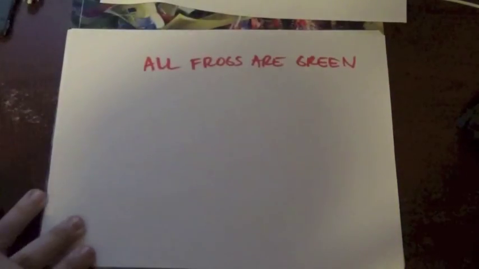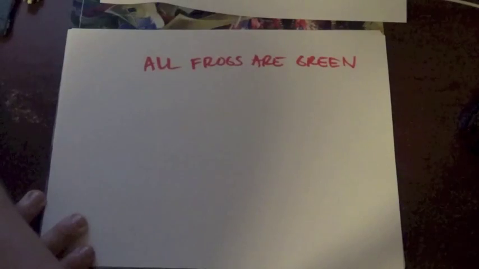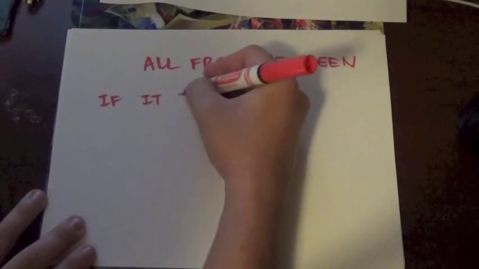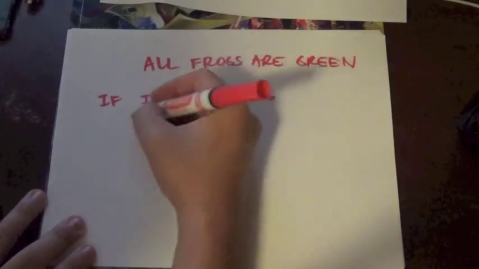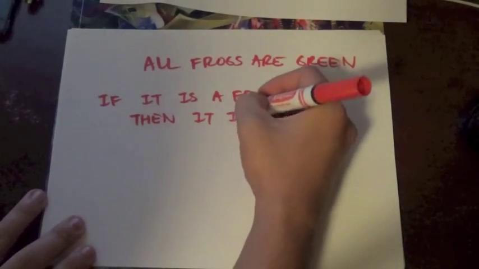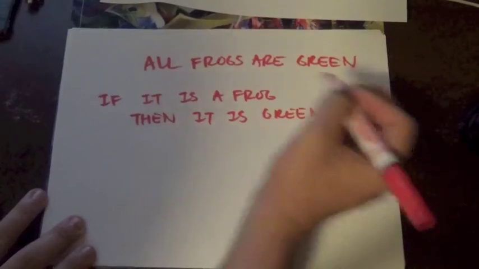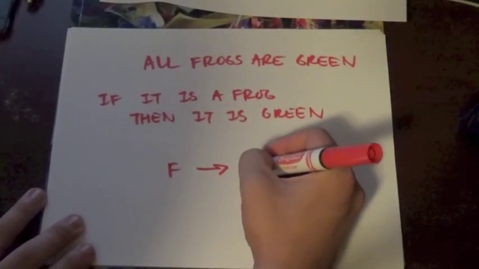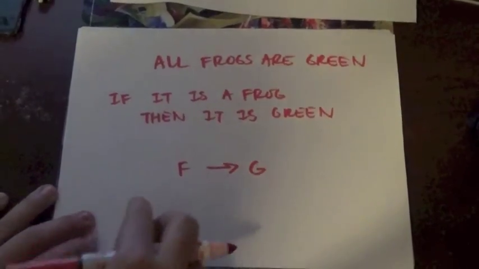That statement could be true or false, but it's equivalent to saying this: If it is a frog, then it is green. In this case, we say one statement implies the other. If it is a frog, then it is green.